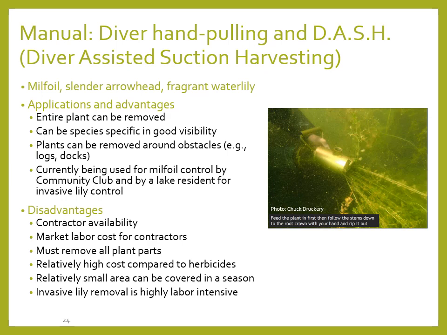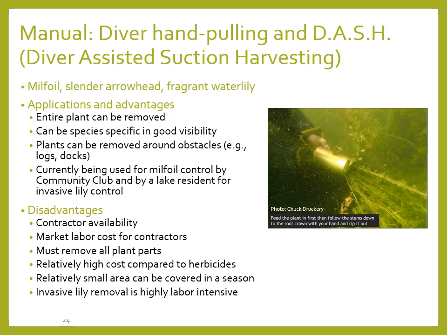Using the DASH system, there's more of an automated system where the plants are physically pulled into a hose, and that hose pumps the plants up to a boat, and they're filtered out, bagged, and transported off-site. Both of these systems are particularly useful for Eurasian water milfoil, slender arrowhead, and fragrant water lily. The benefits and advantages here are that the entire plant can be removed.